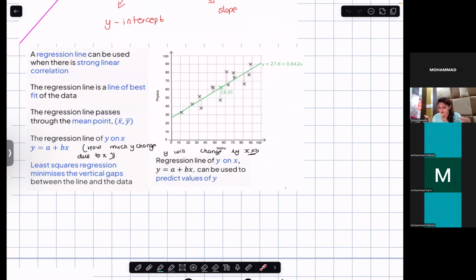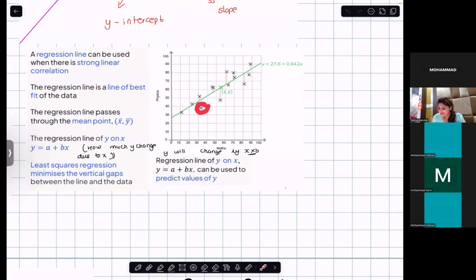Now, when I talk about the least square regression line, what is our motto? This is my line of best fit. LSLR tries to minimize the square gaps between the original data and the predicted data. That means these are my original data. Can you see this?